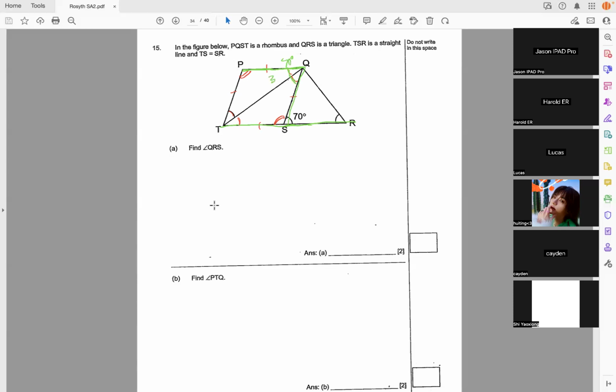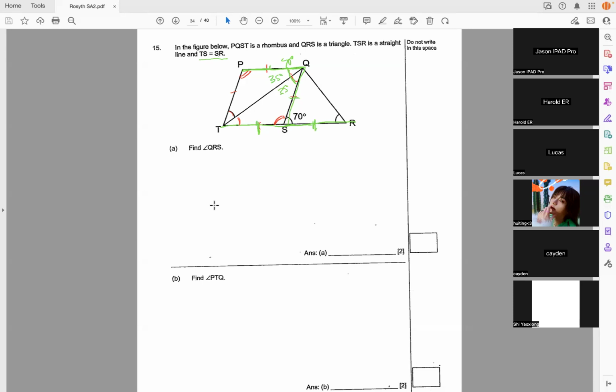Which means that this is 35 because they are equal, right? And they also say TS equal to SR. If TS is equal to SR, this is also equal. Okay. And suddenly this QSR becomes an isosceles triangle. Okay, we've got all the information.